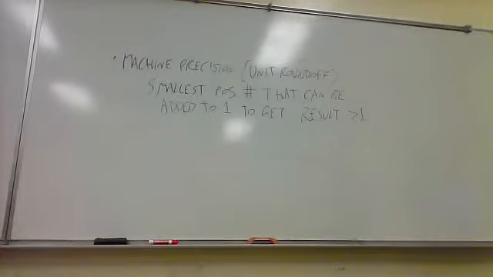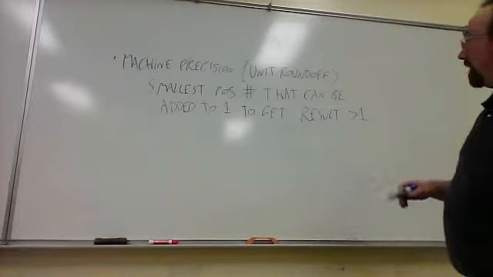So if you take a number like the underflow level and add that to 1, the floating point system is going to think, oh, that's exactly 1. It's not even going to recognize you added something so tiny to it.